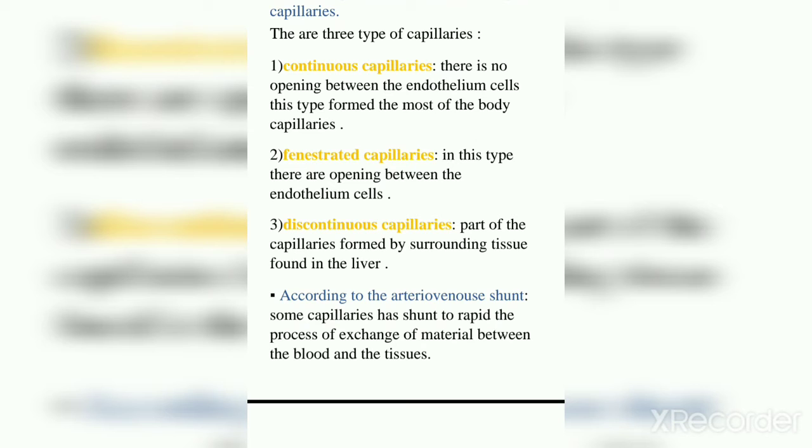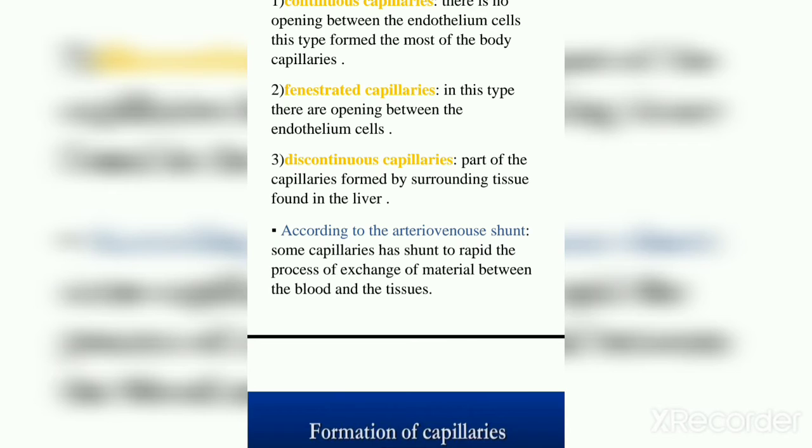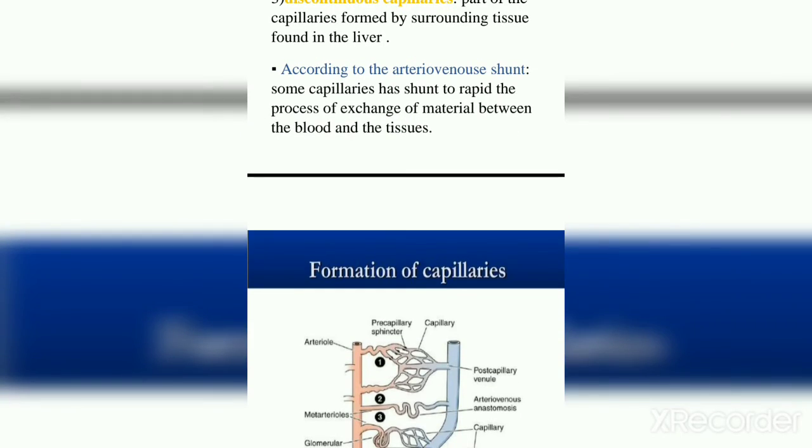Fenestrated capillaries: in this type, there are openings between the endothelium cells. Discontinuous capillaries are capillaries formed by surrounding tissue, found in the liver. According to the arteriovenous shunt, some capillaries have a shunt to speed up the process of exchange of material between the blood and the tissue.